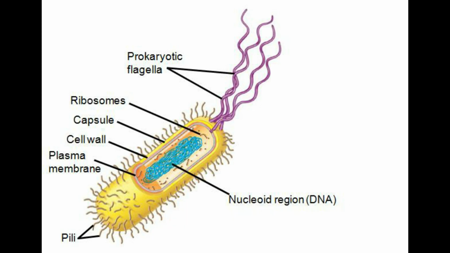Unlike the eukaryotic cell, the prokaryotic cell has no distinct organelles bound by membranes. Instead, the many reactions the cell conducts happen within the cytoplasm of the cell. In fact, there are two main components present within all prokaryotic cells.